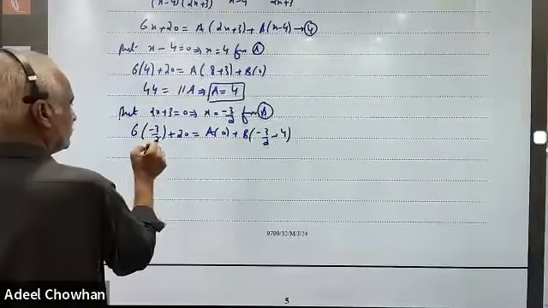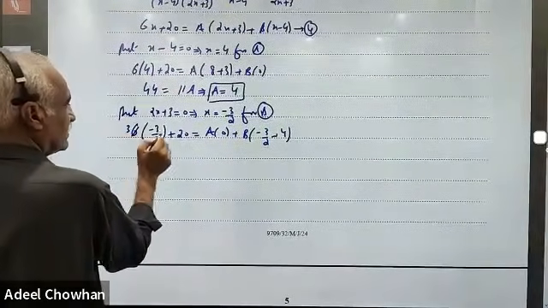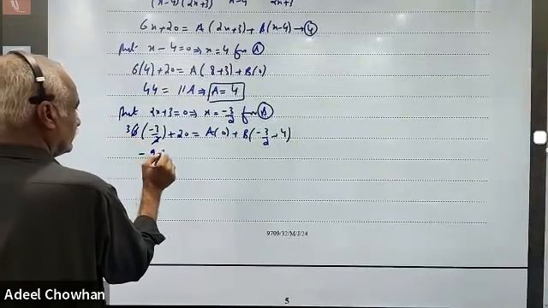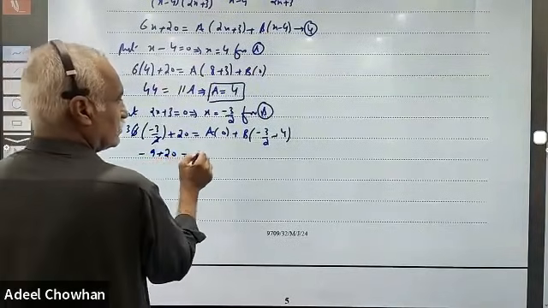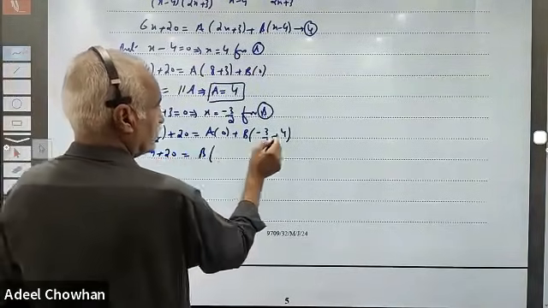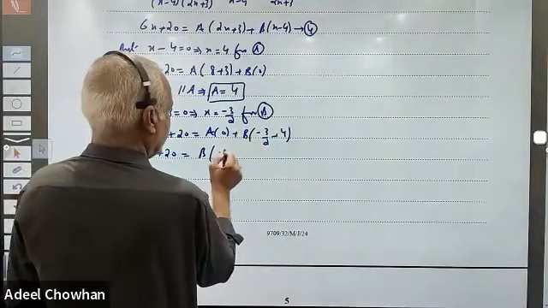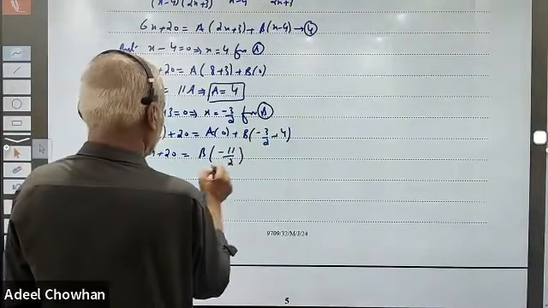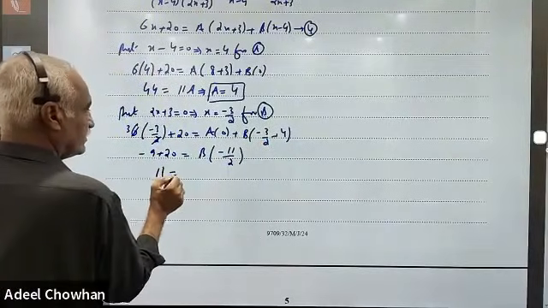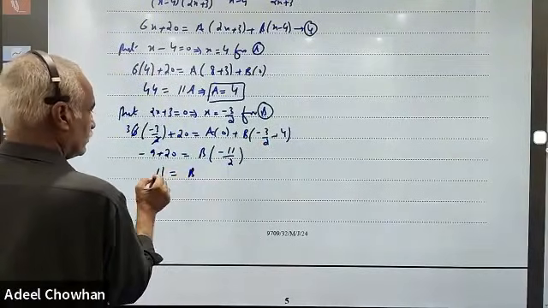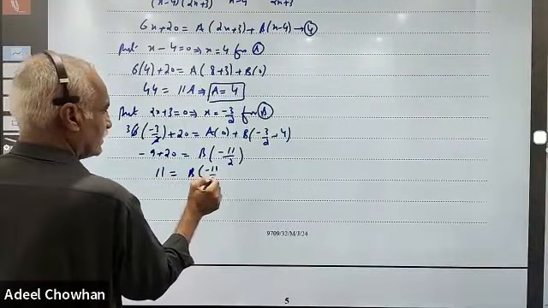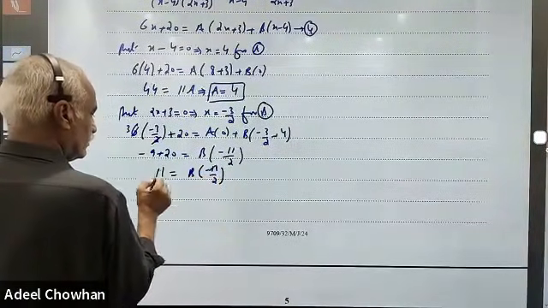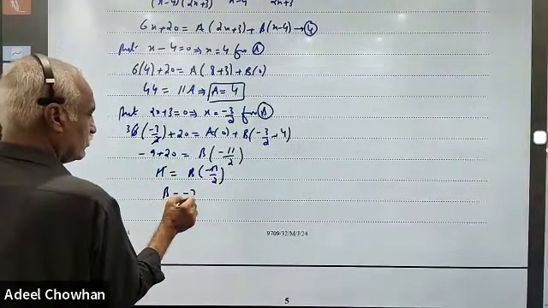So minus 9 plus 20 is equal to B into minus 11 over 2. So 11 is equal to B into minus 11 over 2, so B is equal to minus 2.